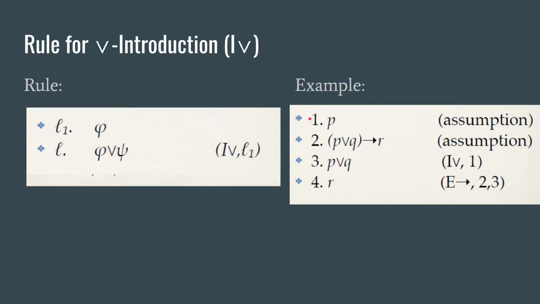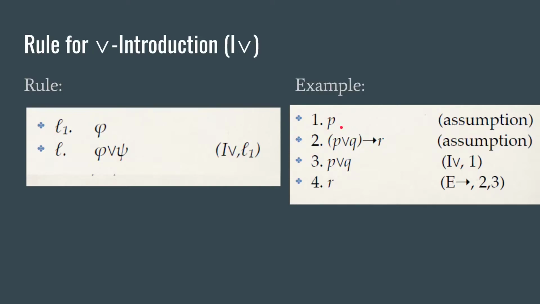Here's an example of that and how it could be useful. Suppose you start with P and P or Q implies R, and you want to get to R. Well, that's very easy.